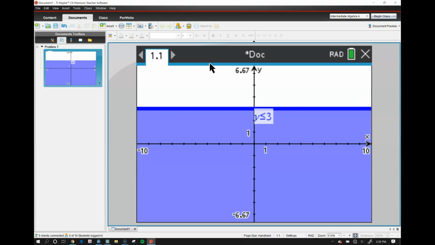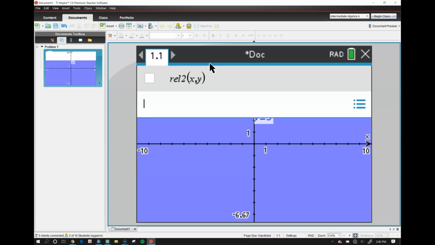Are you just doing the one we just did? Yes, we're doing the one we just did, just to show you how to do it on a calculator. If yours is in press-to-test mode, it won't allow you to do it.